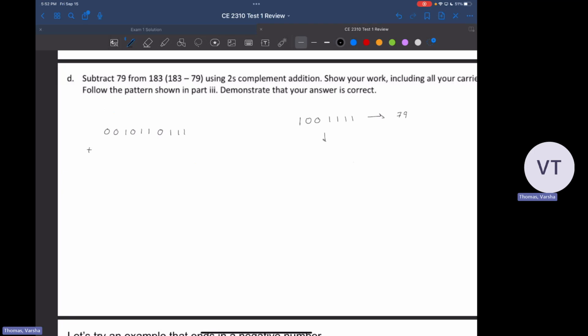So we have to invert this first, 0, 1, 1, 0, 0, 0, 0. I forgot to add my leading zeros, so I'm going to add some now. I'm going to add like 3. Remember, you always have to add leading zeros, because otherwise this looks like a negative number. We first want to make sure we have leading zeros to say it's positive at first. We're going to 2's complement it to negative.